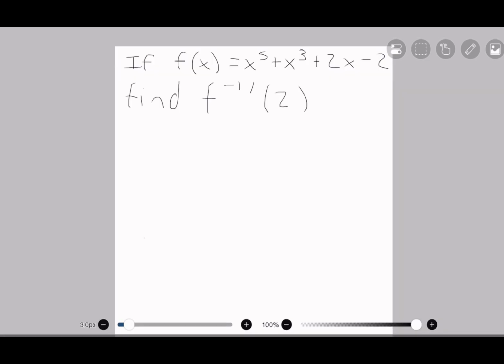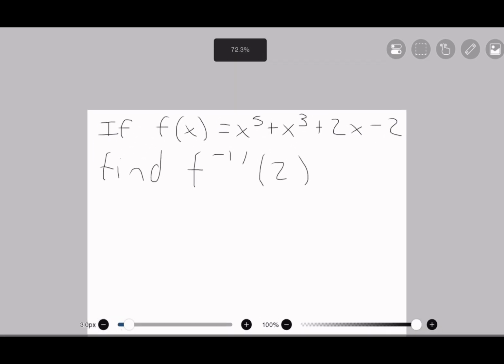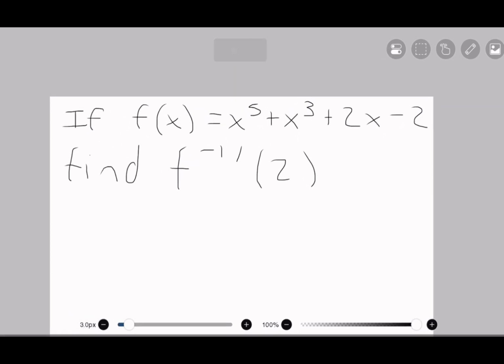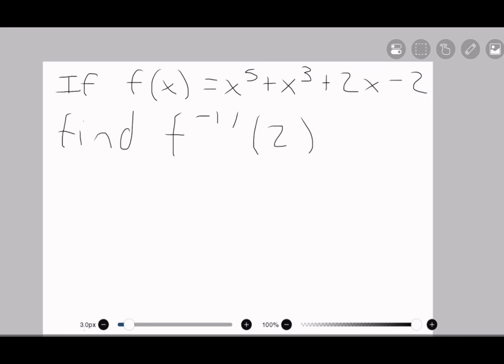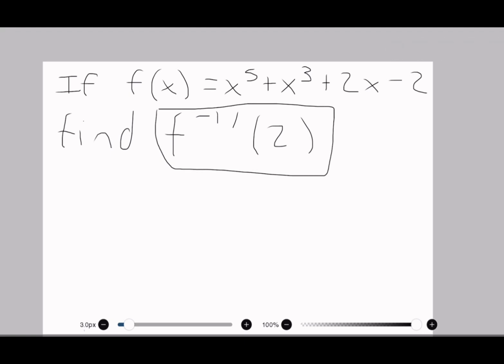So given this problem, if f of x equals x to the 5th plus x to the 3rd plus 2x minus 2, find the inverse derivative of x being 2. This may look like a lot, but really all that this is saying is that we want to look for what is the derivative when we plug in 2 to the inverse.